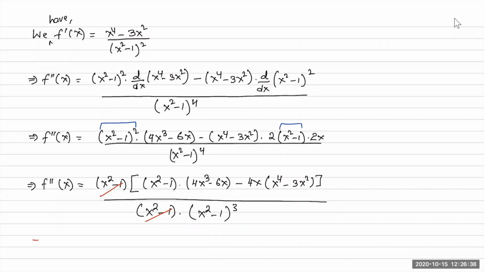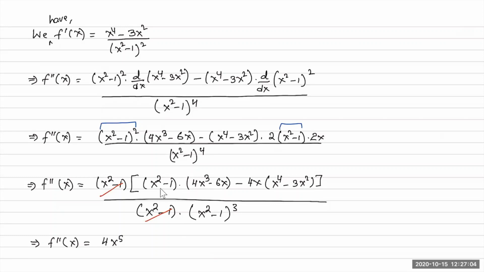Next step, second derivative. Let's see. The second derivative is equal to, now in the numerator, we are going to multiply these 2. So x squared multiplied to 4x cubed will be 4x to the 5.